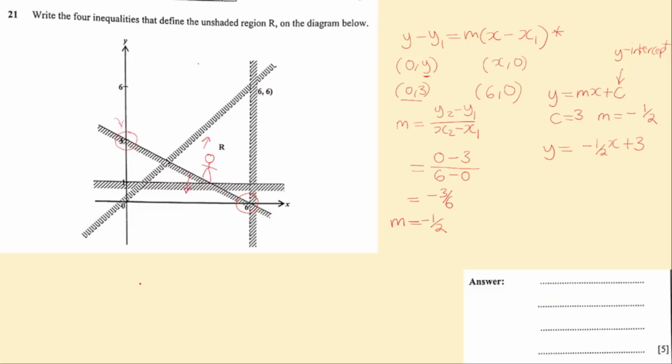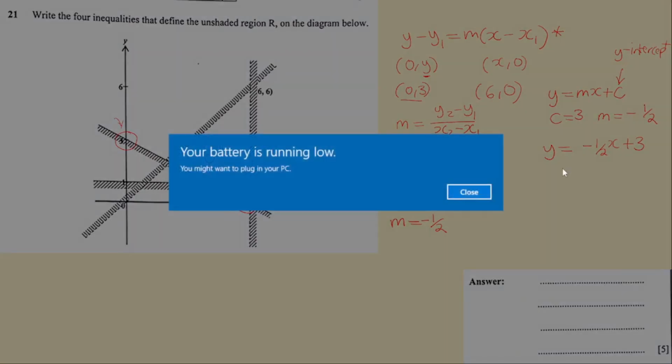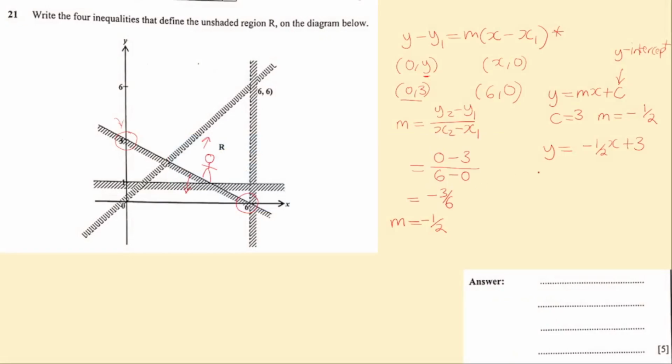So we are saying heaven is above, or heaven is greater than what is below. So we're going to change this inequality to a greater than symbol. Are we going to use greater than? Because it's a solid line, we need to put greater than or equal to.